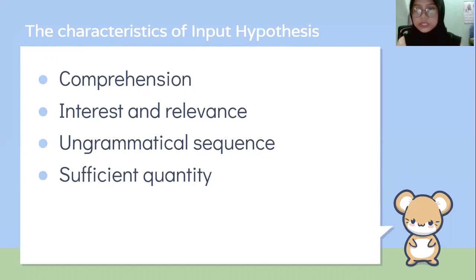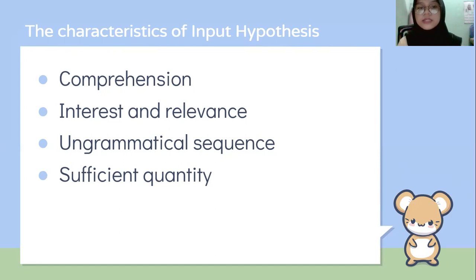Next, we have interest and relevance. That is, the input material has to be interesting and relevant. By relevant, I mean the input material has to have some clear connection to what the student is trying to learn, trying to acquire in the language.